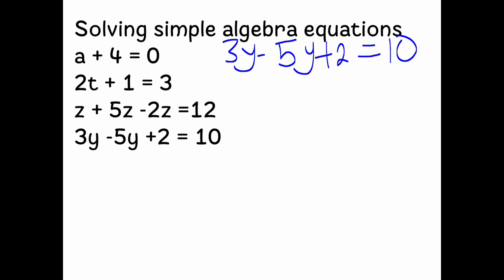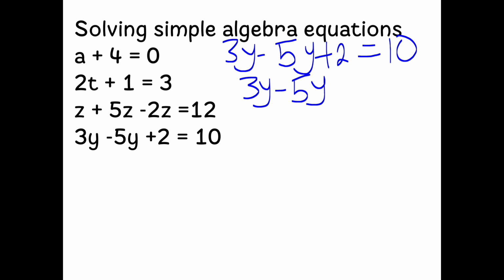We collect like terms. You pack the ones that look alike together on one side and the other ones to the other side. So we have 3y minus 5y, because both of them are having y, so we put them to one side, we leave them on the left hand side.